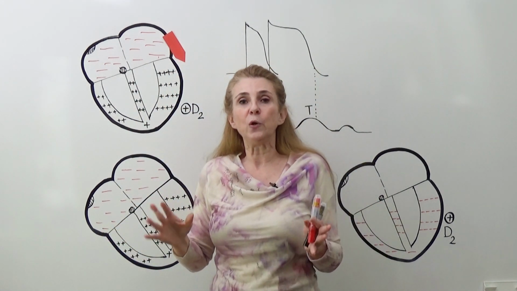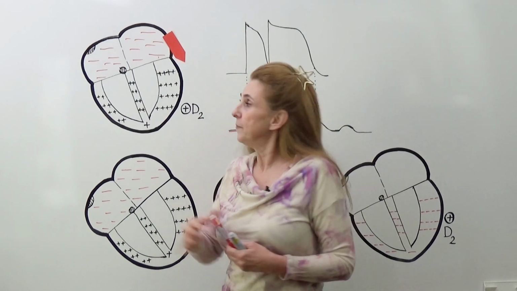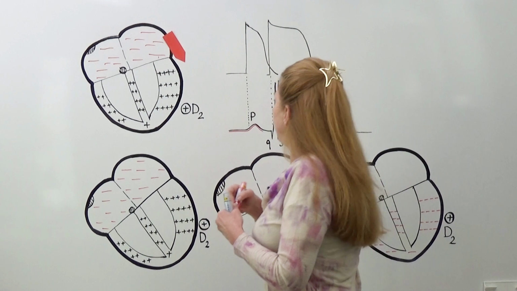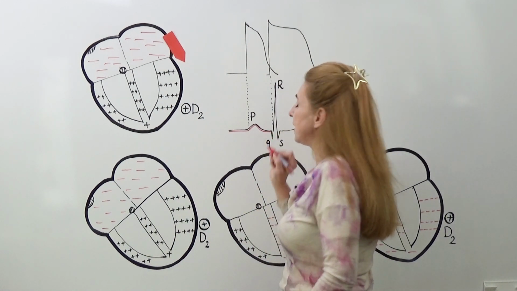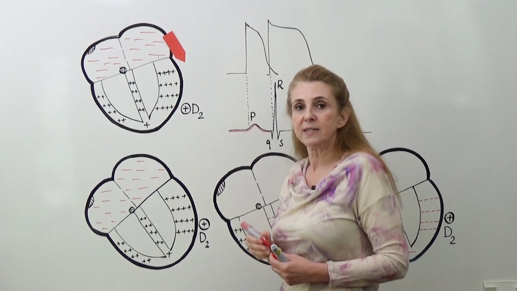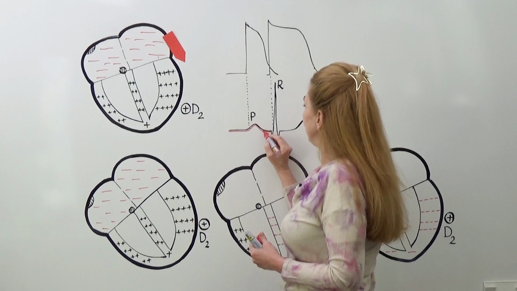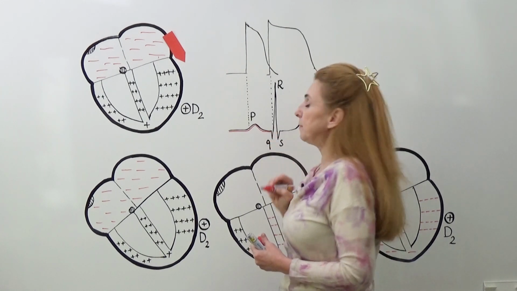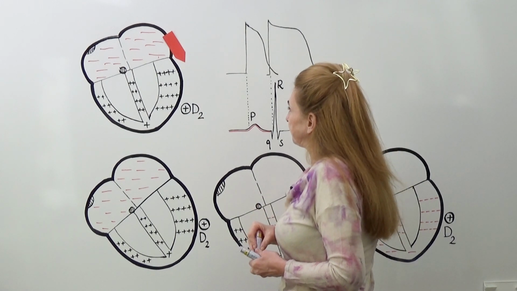Now there is no longer a dipole in the atria, as you see here, and therefore electrocardiography once again draws an isoelectric line. This is our PR segment. It starts at the end of P and ends at the beginning of the QRS complex.